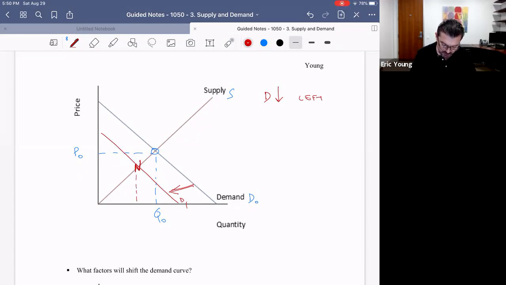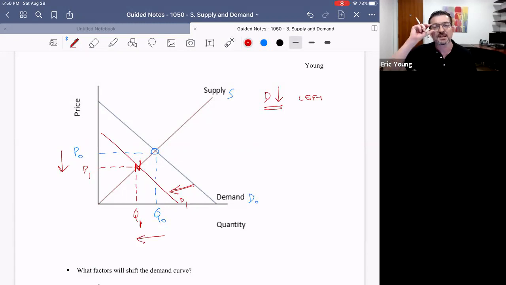We drop a line straight down and get a new, sorry, that should be quantity 1. We get a new quantity, and we drop a line straight across and we call that P1. And now we can predict that any time in a given competitive market demand falls, prices will fall and the equilibrium quantity will fall.